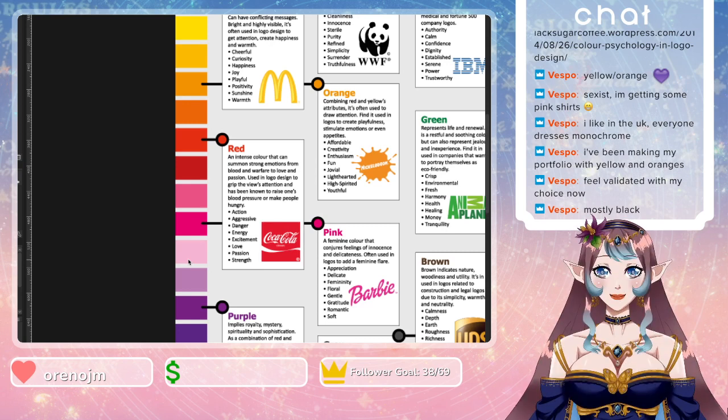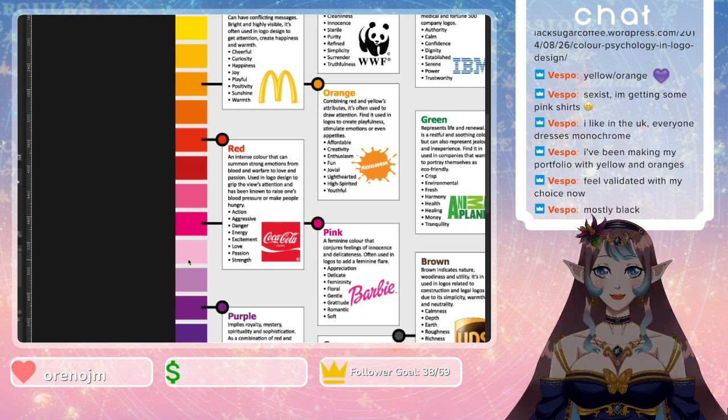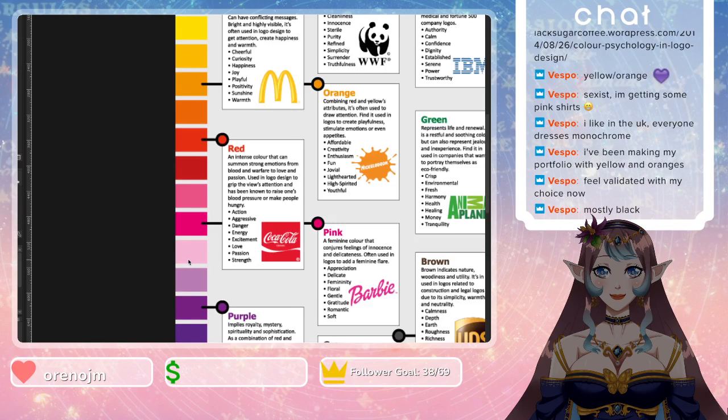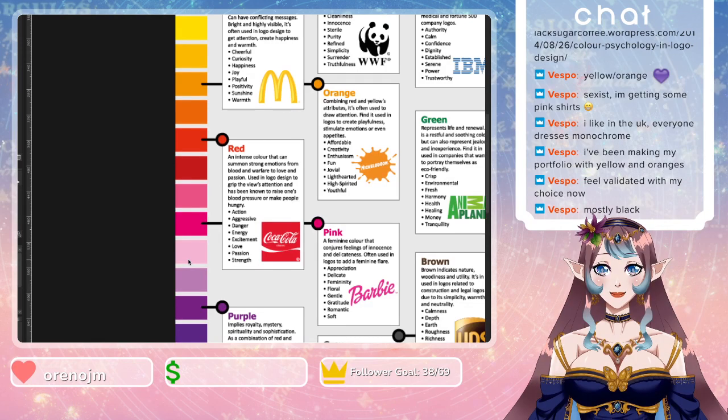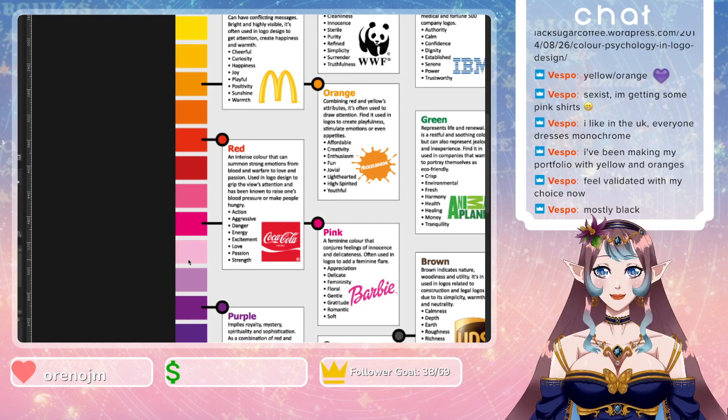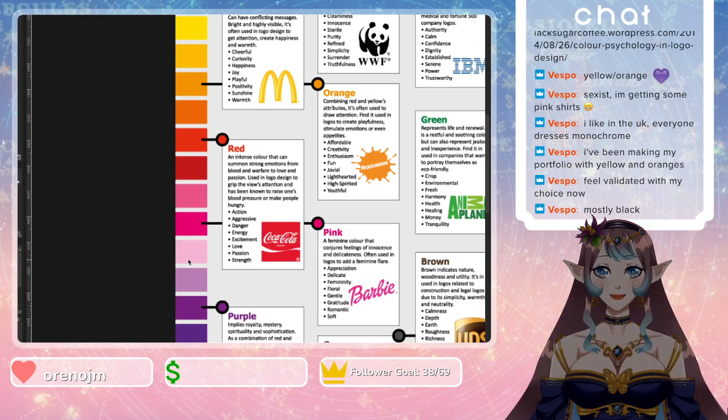Red is also used for the McDonald's logo. They use yellow and red, because yellow grabs your attention, and red makes you hungry and excited. Like the Happy Meals. There's not a lot of food in there, but even as an adult, I'm still excited by them. I still want to eat them.